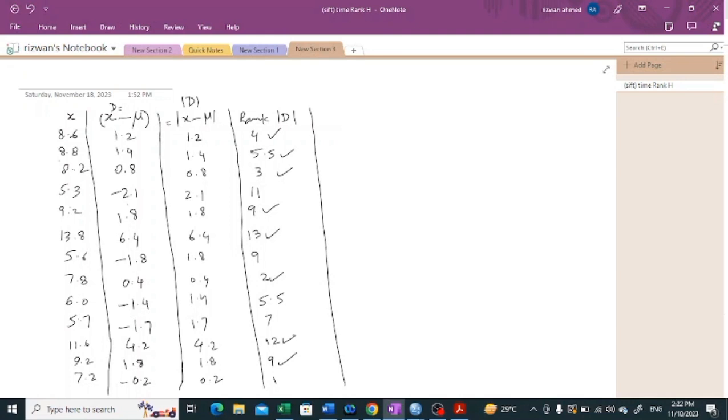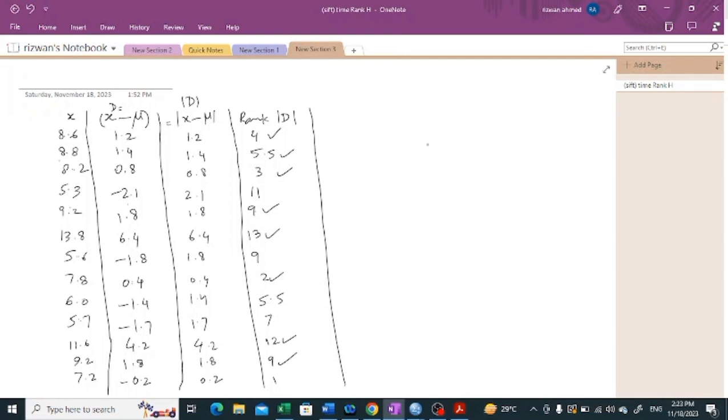4 plus 5.5 plus 3 plus 9 plus 13 plus 2 plus 5 plus 12, then plus 9 is 57.5.